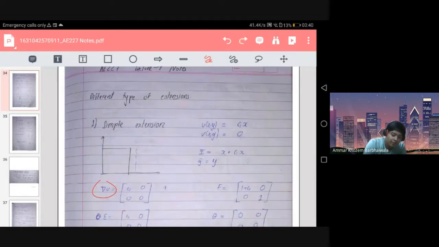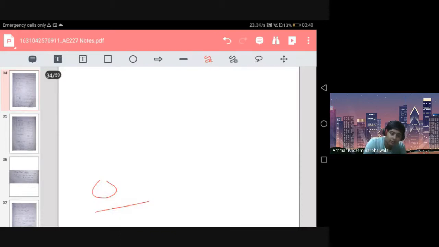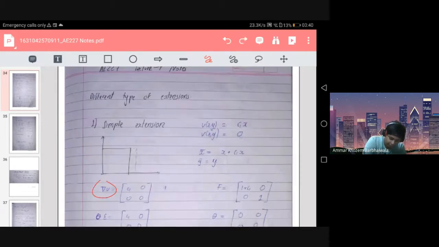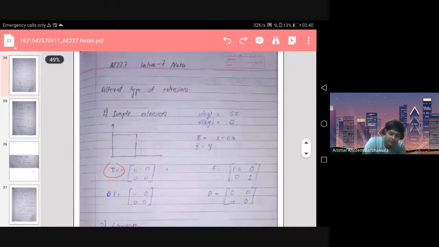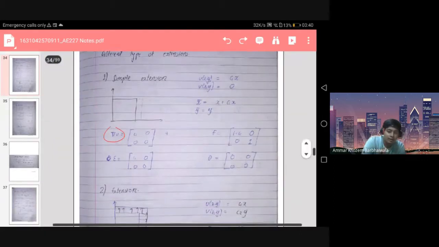You can also find the epsilon tensor, the rotational tensor, and the F tensor, which we discussed is grad u plus 1. So that would be 1 plus C1, 0, 0, and 1.